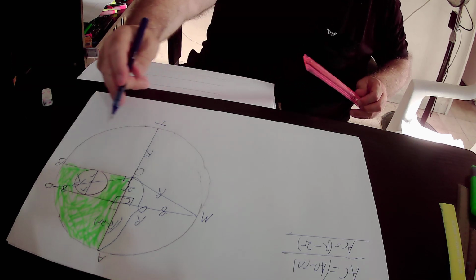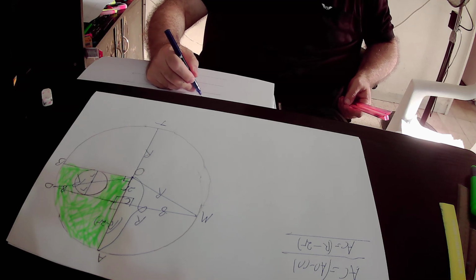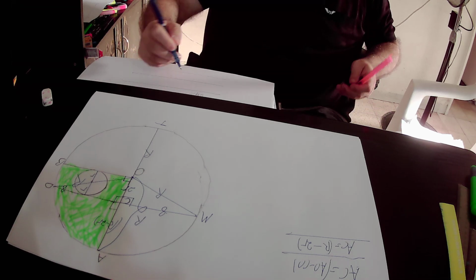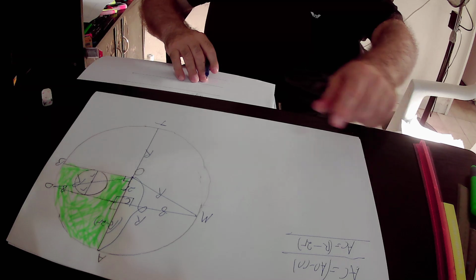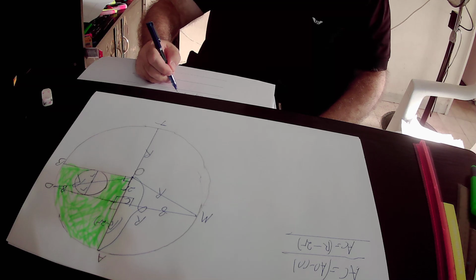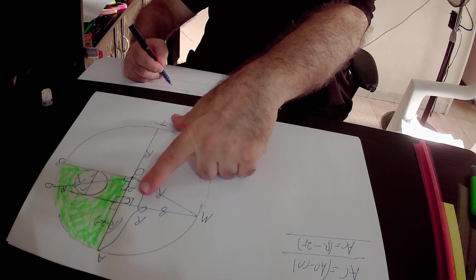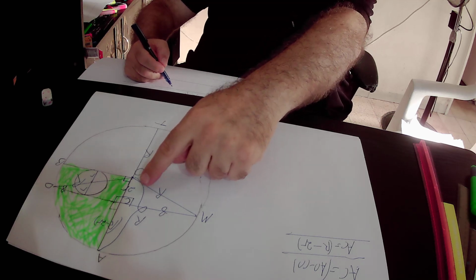MC equals 8, CD equals 8, MC times CD is 8 times 8, that is 64, that is equal to AC times CT. AC equals capital R minus 2R. What is the value of CT? CT equals capital R plus 2R.